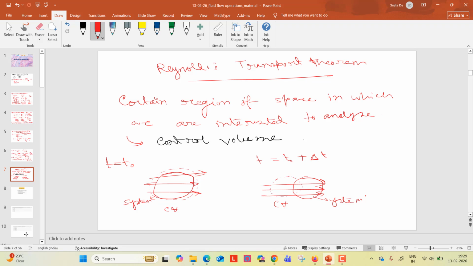So how will you define this in the form of equation? And what changes can happen? All these changes are related to the mass of the system, the linear momentum of the system, and the energy of the system. So how will we define it?